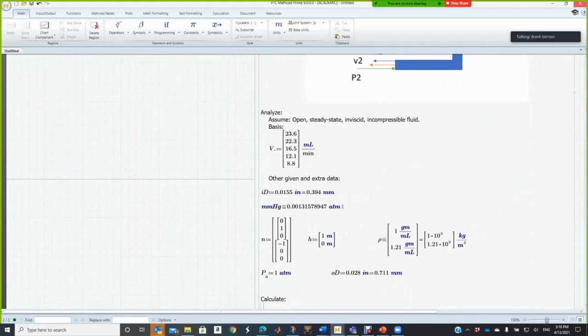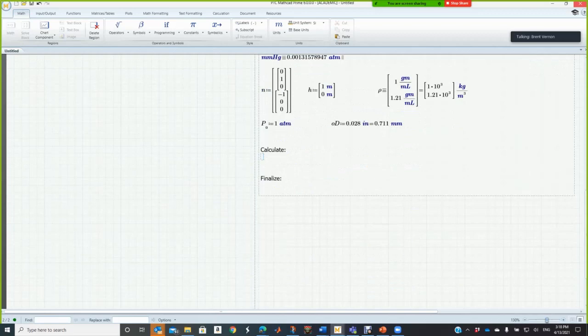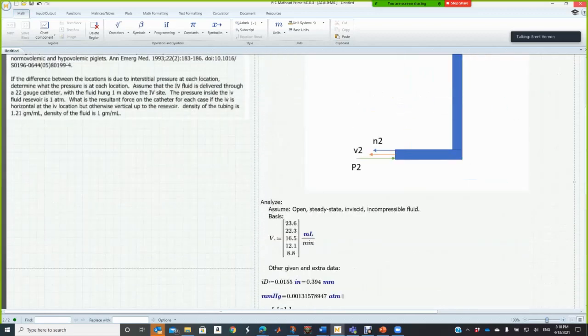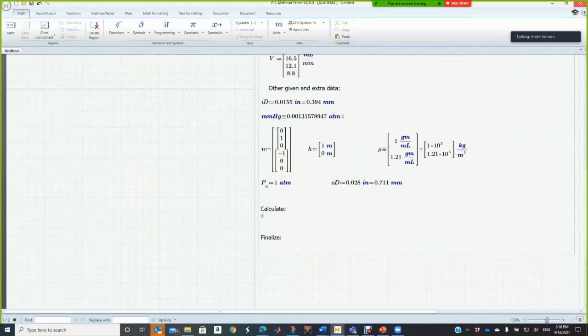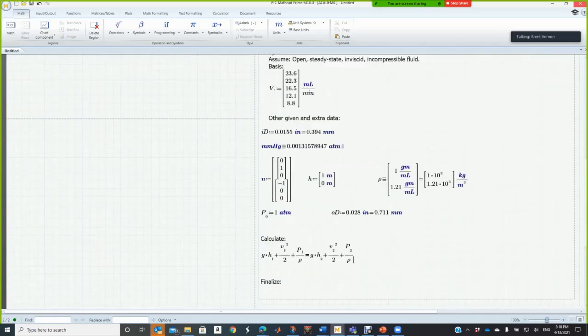So that's two unknowns. We have to have at least two equations. The first one is going to be the Bernoulli equation, as you can see from the assumptions that I made. So the Bernoulli equation looks like this for the system here. We'll copy and put this in here. It's basically the difference between the potential energy, kinetic energy, and pressure energy at the two locations, P1 and P2.